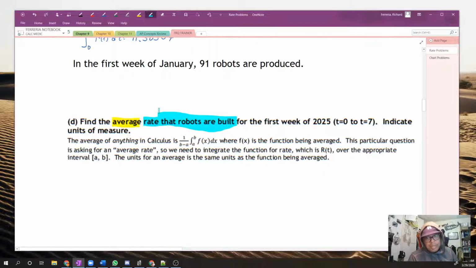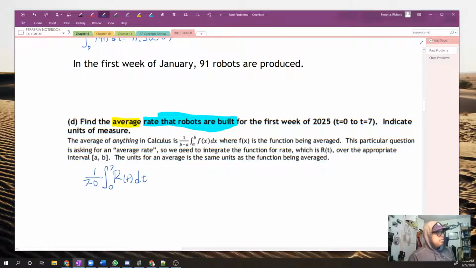So we're averaging the rate. Okay? That's the key. So when I write my equation, I'm averaging the rate. Not finding the average rate.